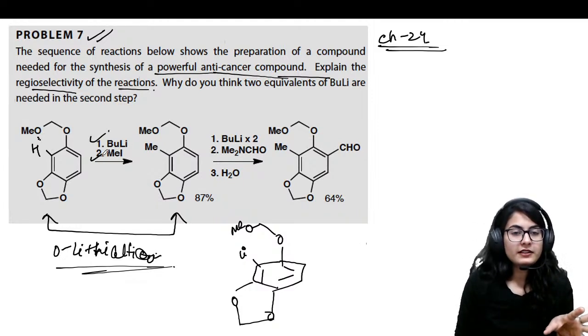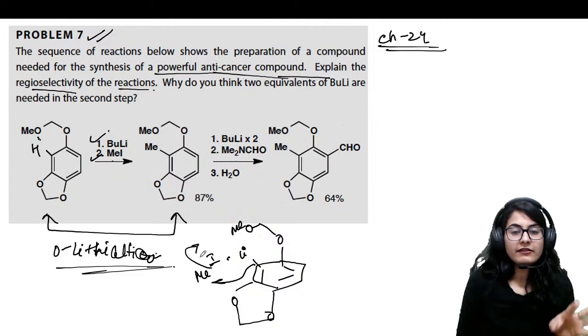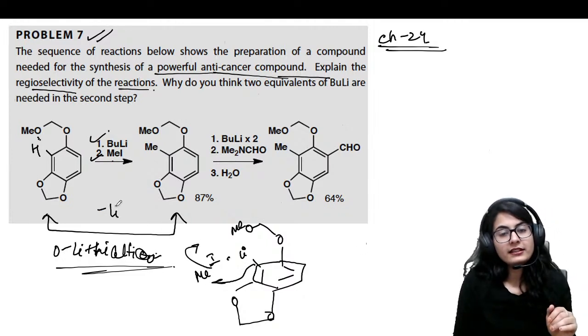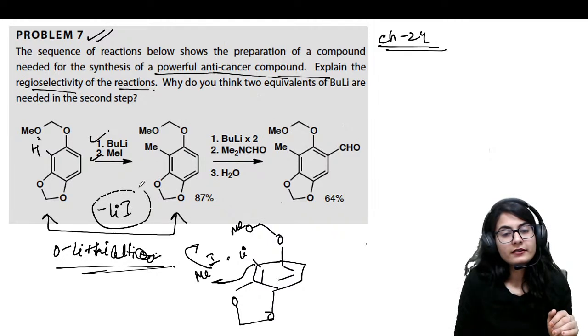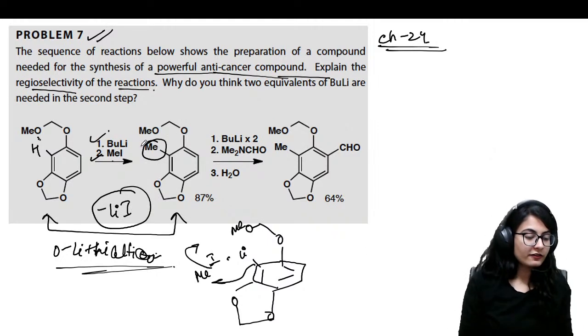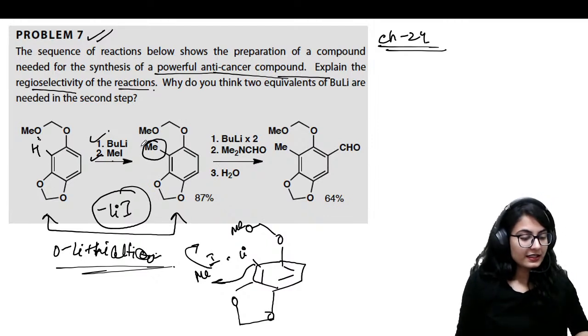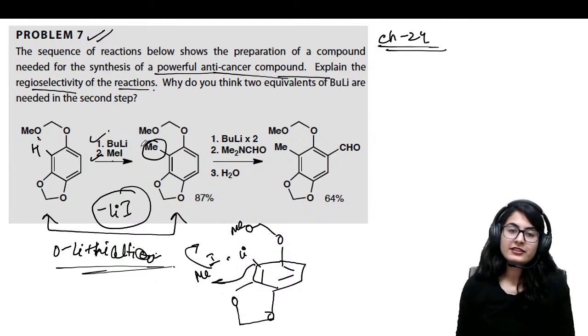So after that, in the second reaction, this phenyl ring will attack the methyl iodide, and the iodide leaves with lithium. So minus LiI. Okay, addition of methyl.